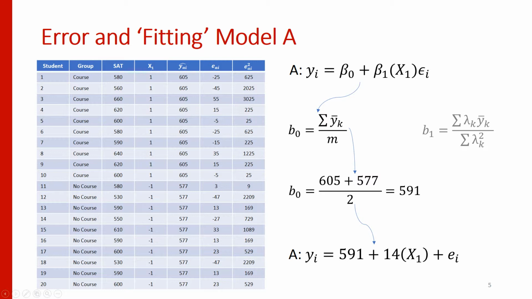And if we're predicting the mean in each group, that gives us the smallest sum of squared errors within each group. And then when we add those sums of squared errors together, we get a new total sum of squared errors, which we can compare to the sum of squared errors from Model C. And again, if the sum of squared errors is significantly reduced, we would conclude that Model A is the better model, and we would reject the null hypothesis.